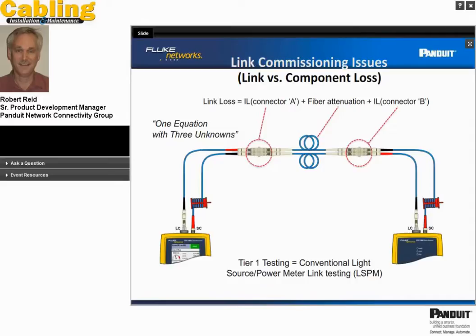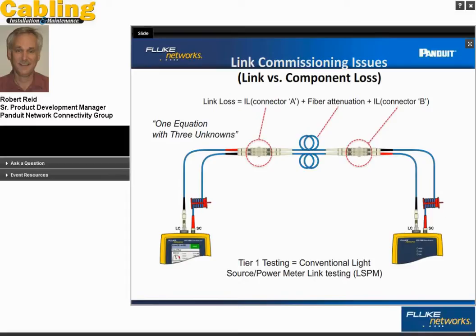If I only do Tier 1 testing, and going back to that 568 equation that was a couple slides back, you have, with power testing, Tier 1 testing, light source power meter, you have the contributions of the individual mated pairs of connectors on either end, plus the fiber attenuation.